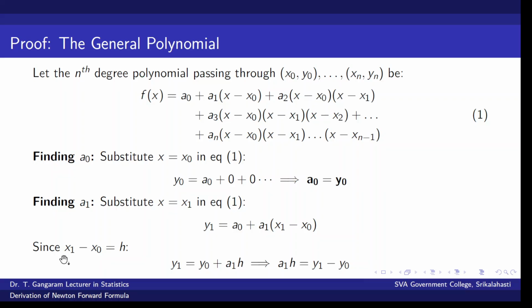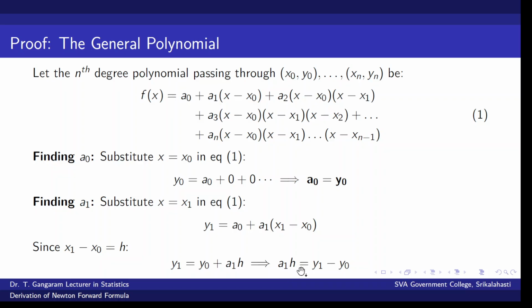Since this is the difference, x1 minus x0 is equal to h, x2 minus x0 is equal to 2h. So substitute h instead of x1 minus x0. So y1 is equal to, instead of a0 we can substitute y0, instead of x1 minus x0 we can use h. It is the difference.